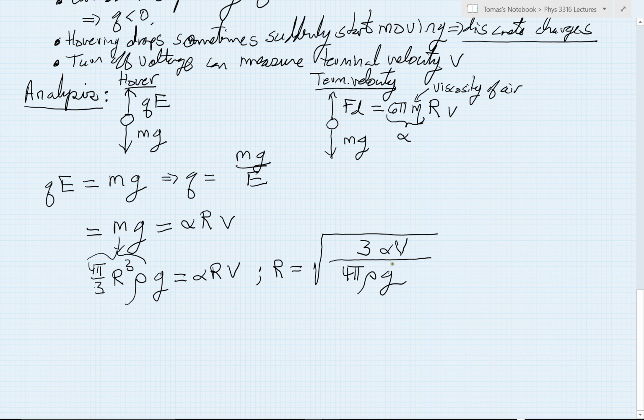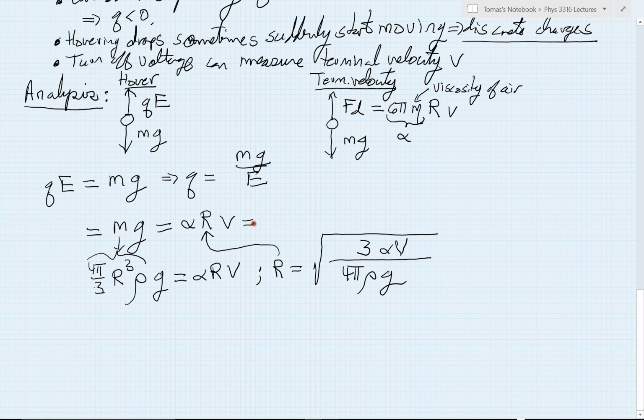And once I know the radius, all I need to do to determine what I need, my mg, is to substitute this radius in here, and then I will have everything in terms of known quantities. So when I make this substitution, I want you to notice I have a square root alpha v in the numerator and a second factor of alpha v here.